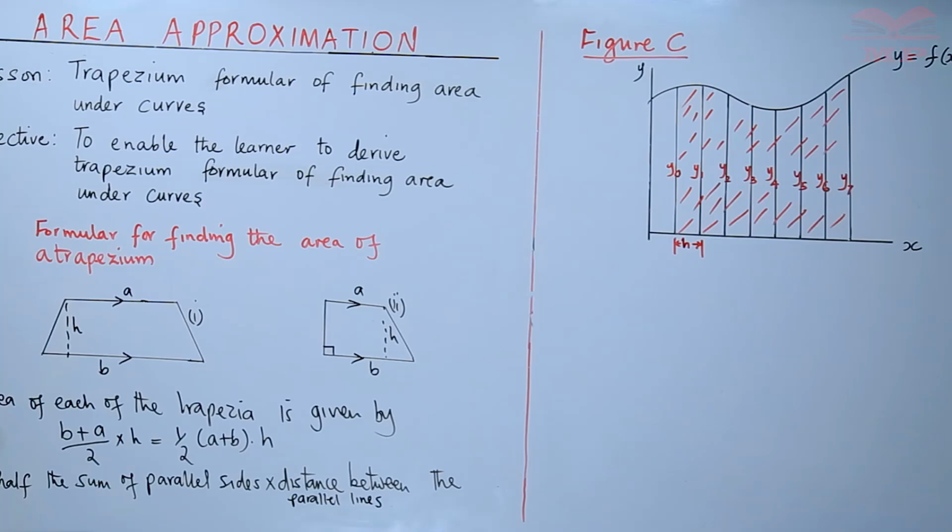So that is what we get: a half the sum of the parallel sides times the distance between the parallel sides, which is given by h.